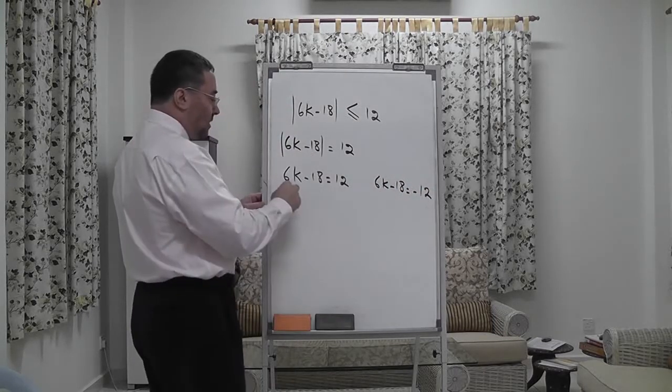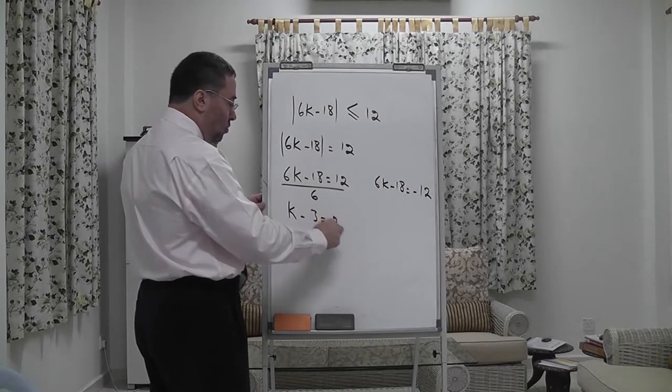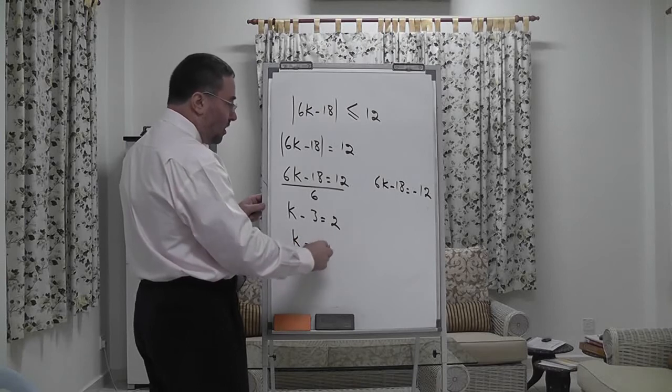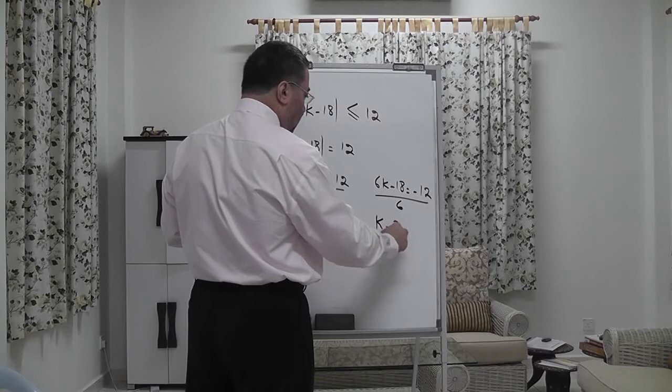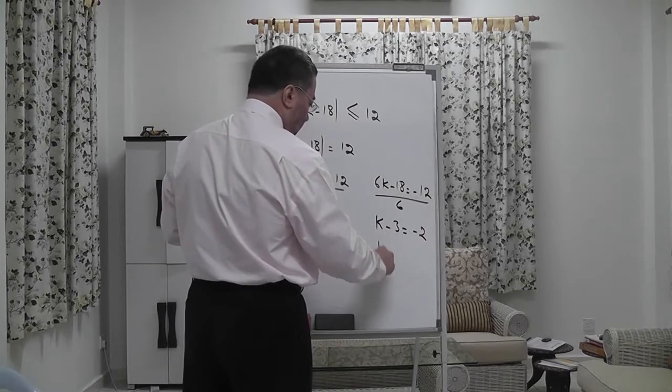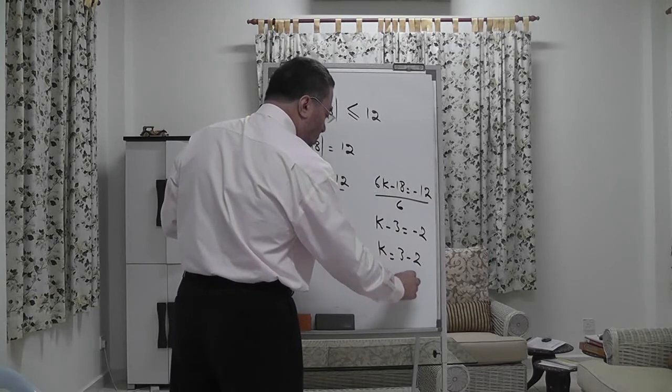We divide everything by 6, and we get k minus 3 is equal to 2, and k equals to 5. Divide everything by 6 here, you get k minus 3 is equal to minus 2, and k is equal to 1.